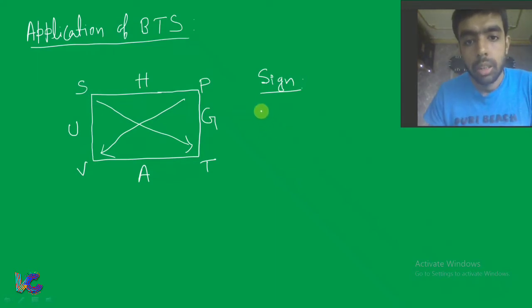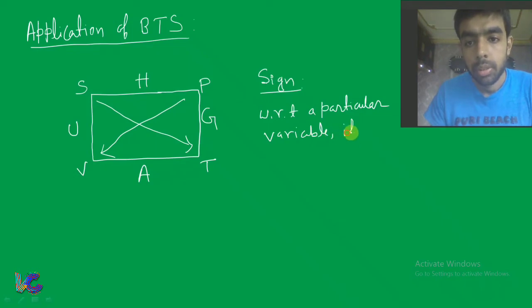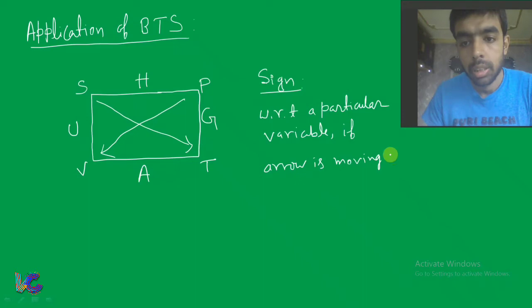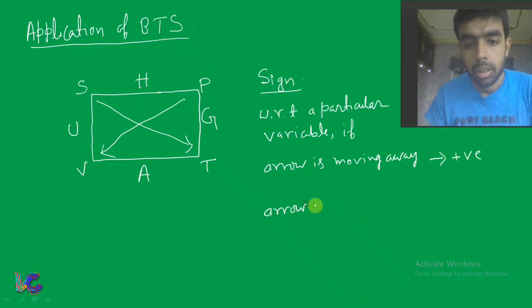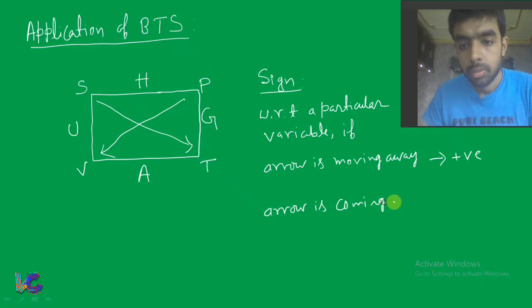Now with respect to a particular variable, if the arrow is moving away, then we will use positive sign, and if the arrow is coming closer, then we will use negative sign.